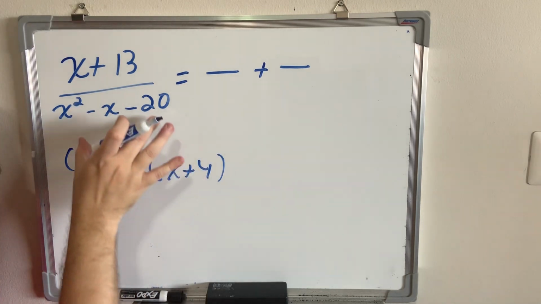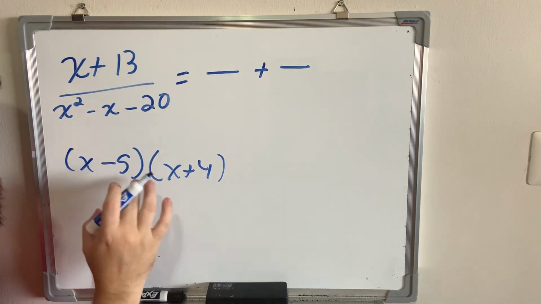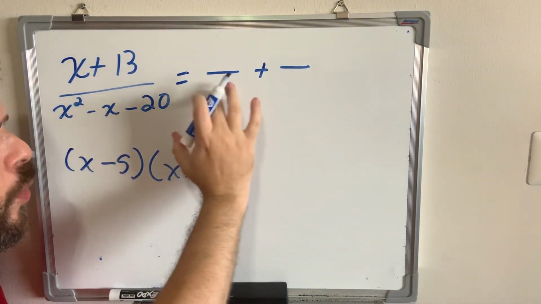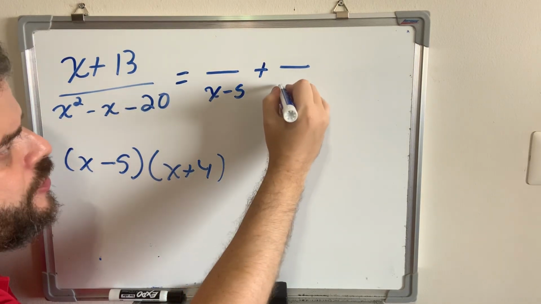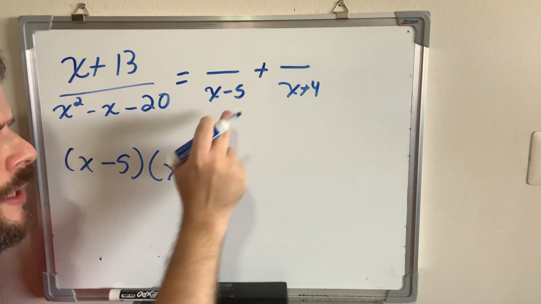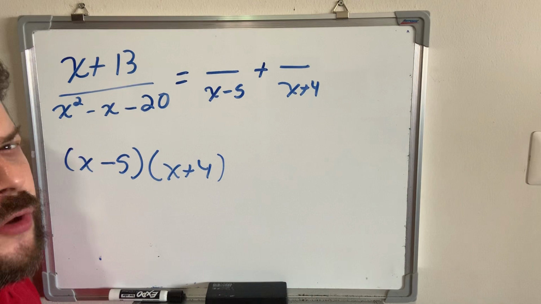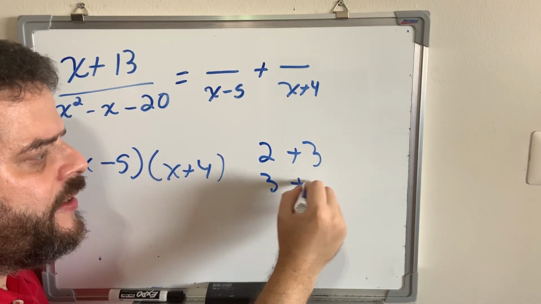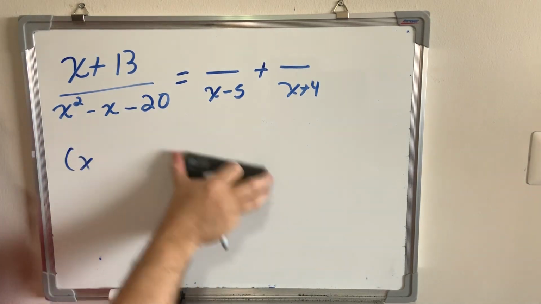Now, even though when we factor, we're actually multiplying these two factors, or it's a product, here we're going to write each one under a different fraction. So these are going to be your actual numerators. So even though here I'm multiplying, here I am adding. If you do this properly, the order doesn't matter, because remember, 2 plus 3 is the same thing as 3 plus 2. Order does not matter if you follow the proper processes.